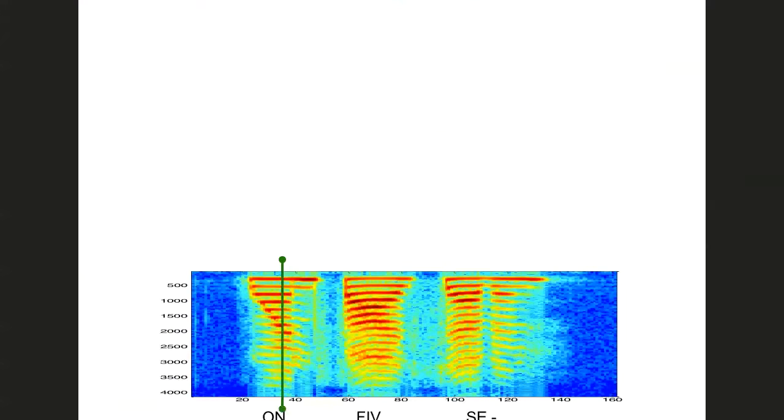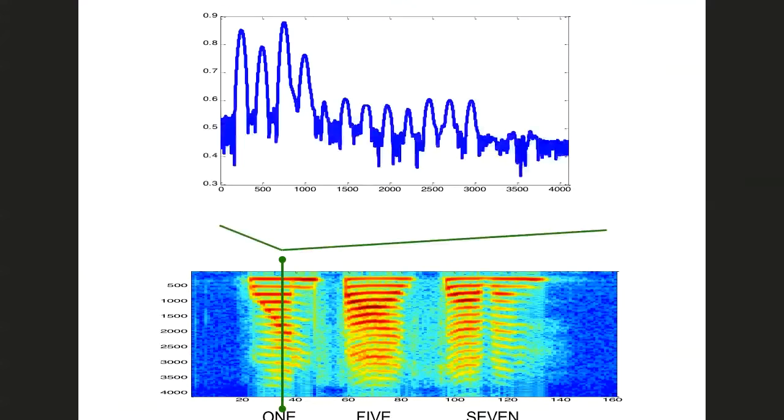If we just zoom in on one point in time of this spectral representation, this is what we call the short time spectrum or the Fourier transform. And it shows us these harmonics. The harmonics relate to the pitch, and Michael will probably talk more about that, but the pitch varies obviously by gender and by age. Women tend to have higher pitch than men.